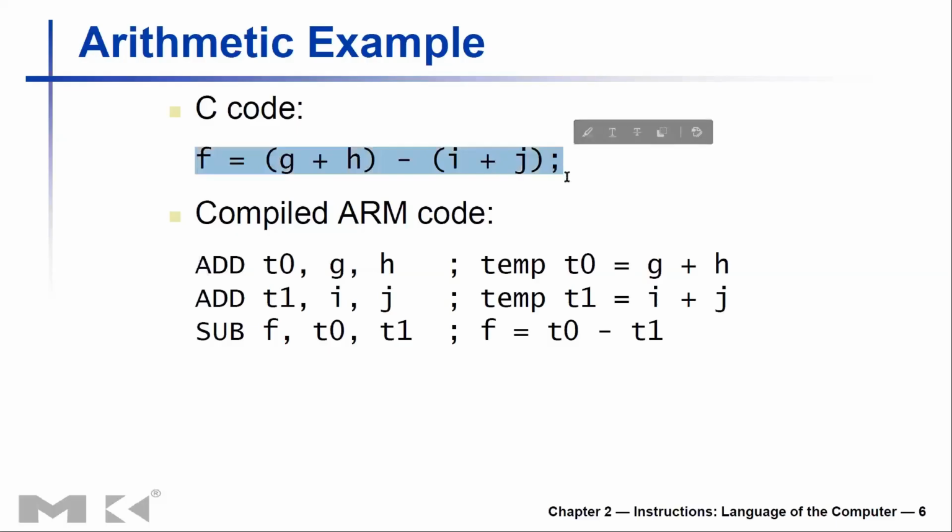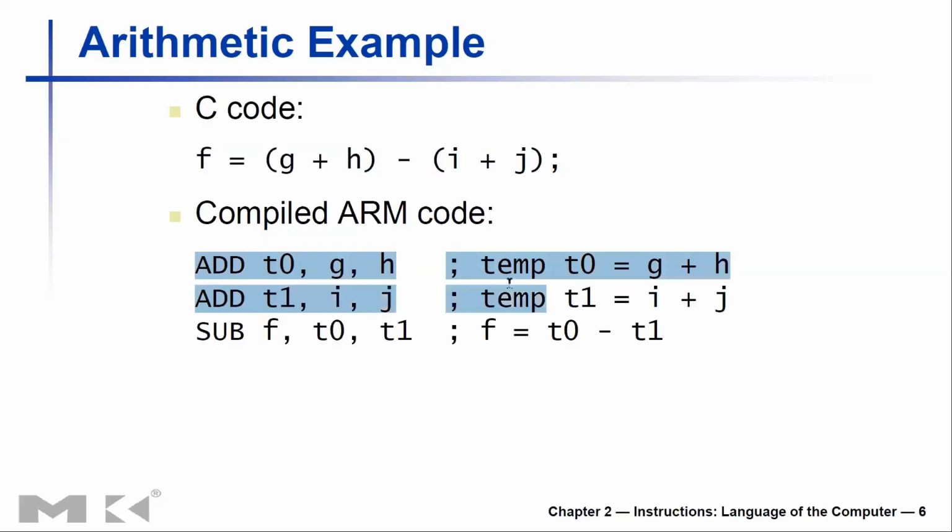A C compiler, before it executes that program, compiles this code into something that the computer can understand. That something is assembly. And here in this course, you are going to write programs directly in assembly, so it is like you are performing the compilation step yourself.